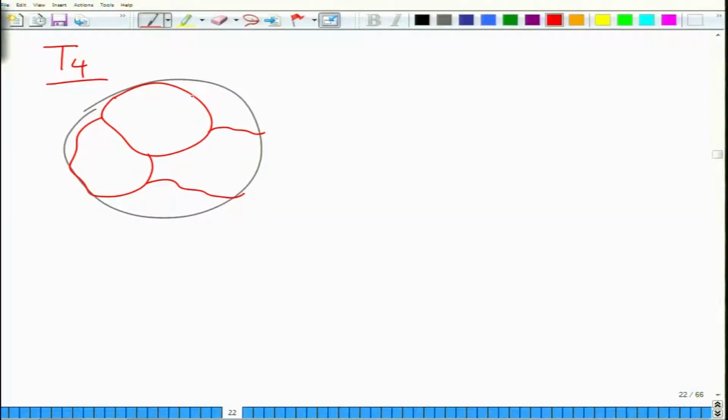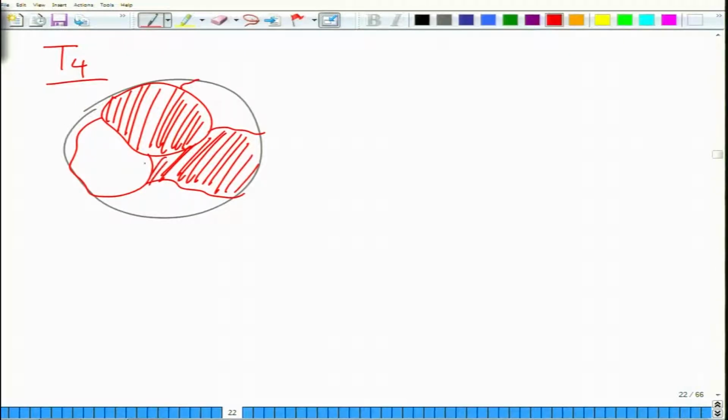The solid will impinge into each other, so it is mostly solid, with a few pockets of liquid left here and there.